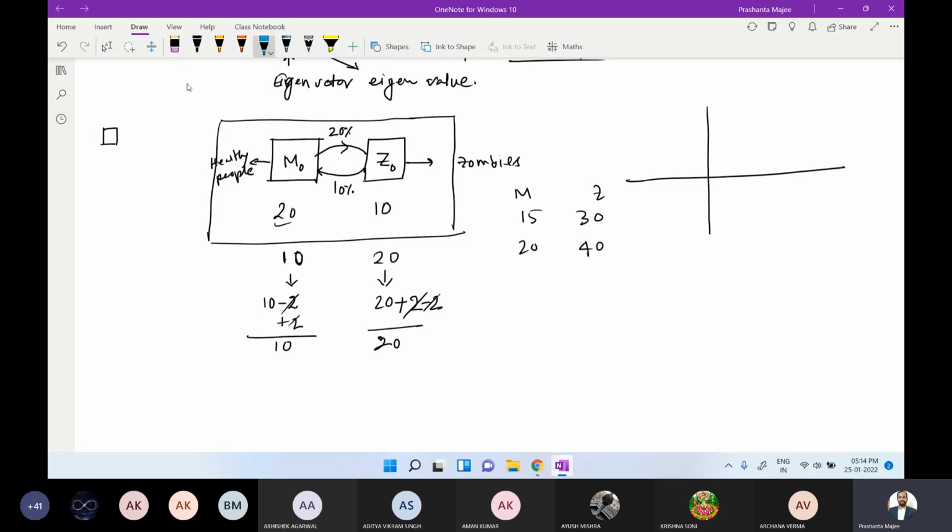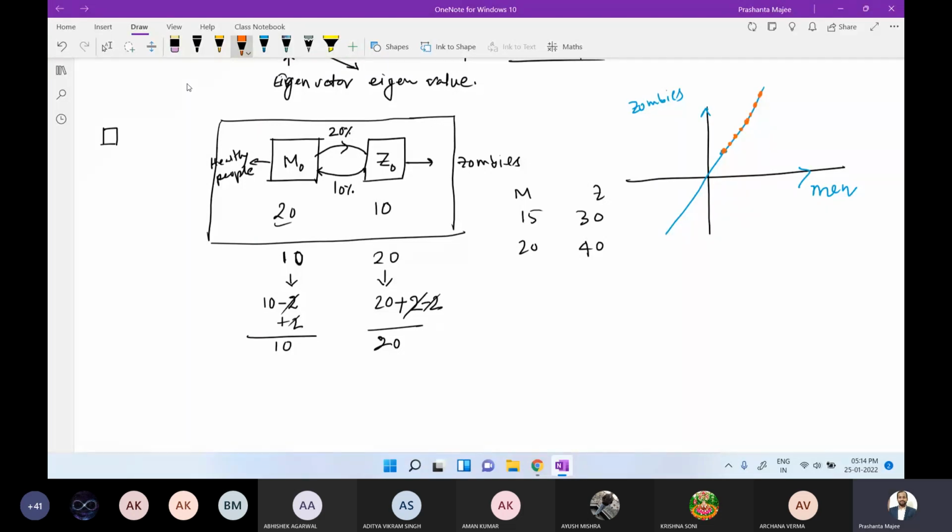If this axis is the men axis, number of men, and this side is zombies, then any starting numbers of zombies and men lying on this line will not change in the subsequent days. All of these values are equilibrium points.